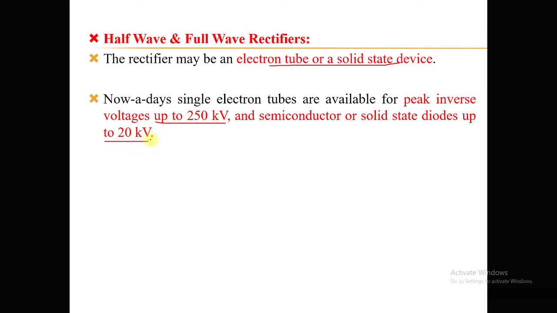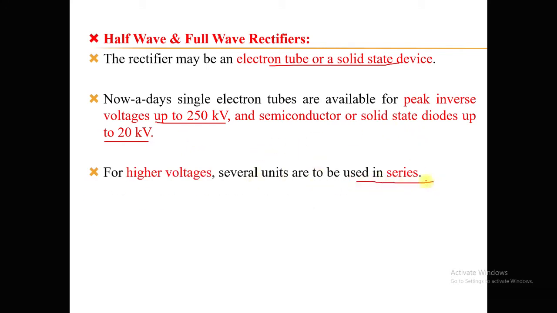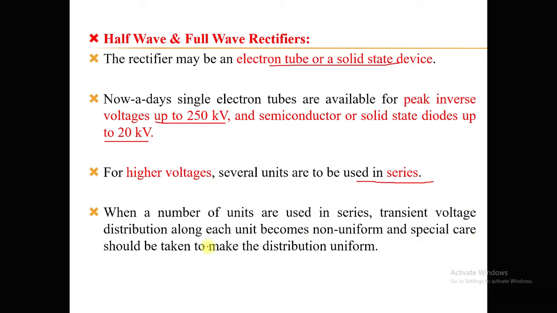So to achieve higher voltage, several units need to be connected in series to obtain the higher voltage levels. When a number of units are connected in series, there might be some problem, like the transient voltage distribution along each unit becomes non-uniform. Okay, so it may cause damage to the element of the diode.